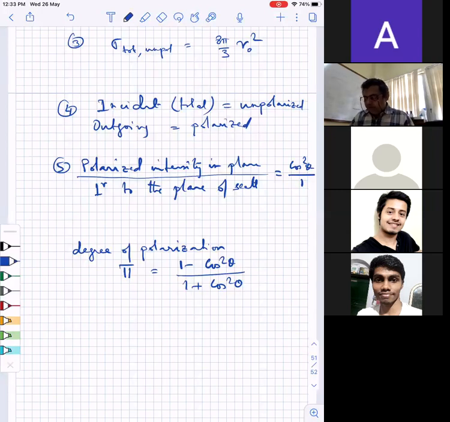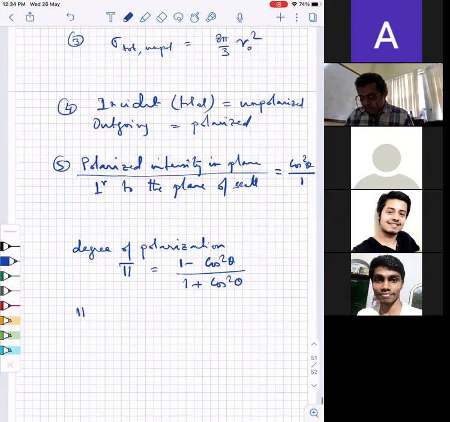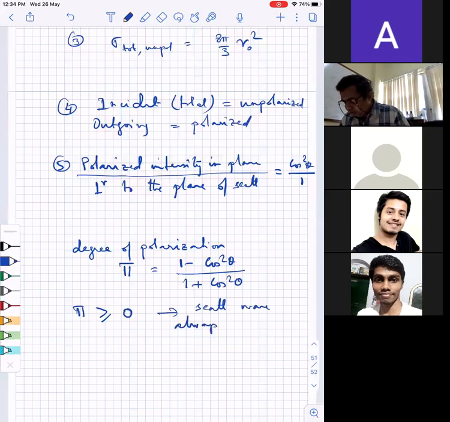So your pi is always greater than or equal to 0, which basically means that the scattered wave always has some polarization. It's never unpolarized.